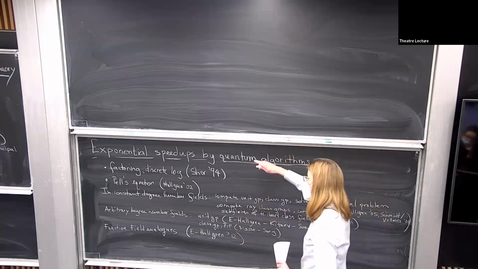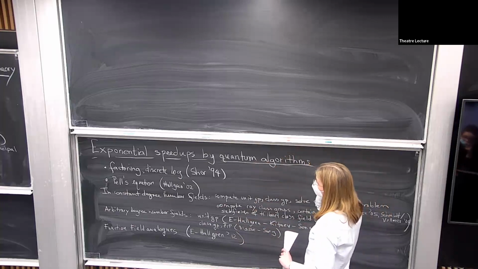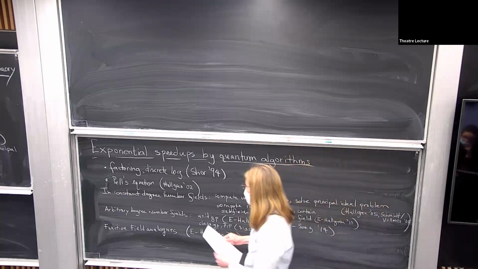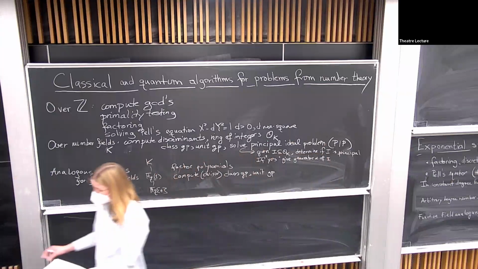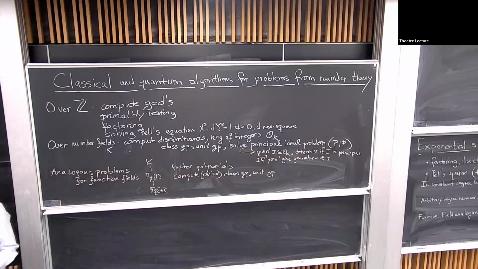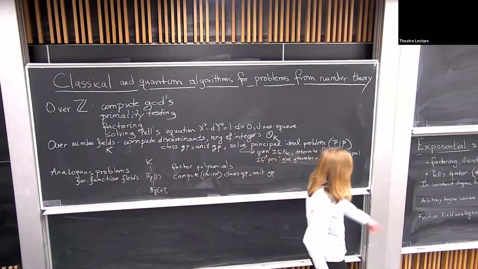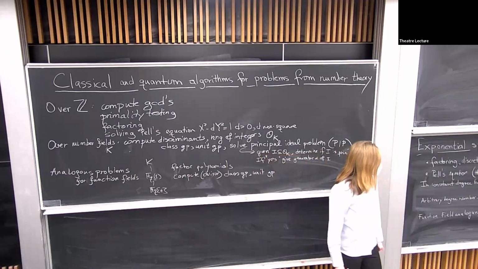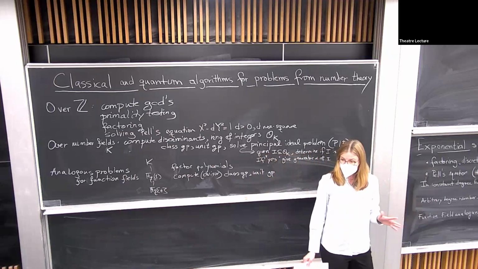And then here's a list of other things that came after that, which I'm going to talk about a little bit. I think the feeling after the results in '94 was: can quantum algorithms just solve everything efficiently?